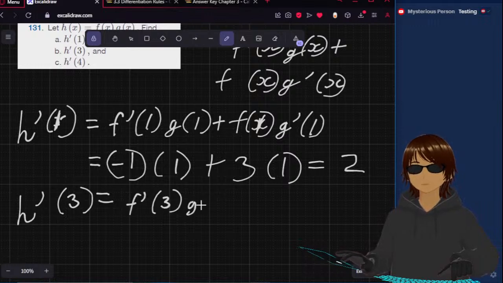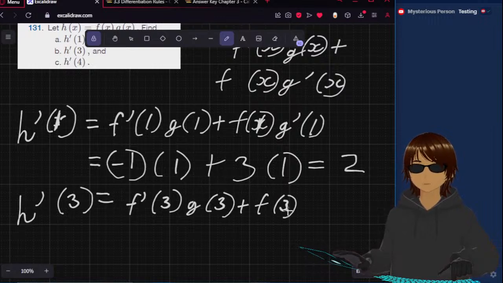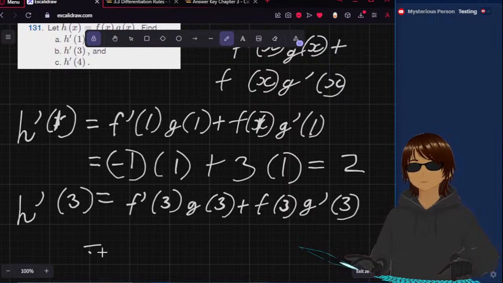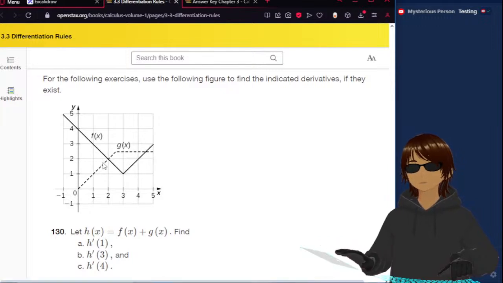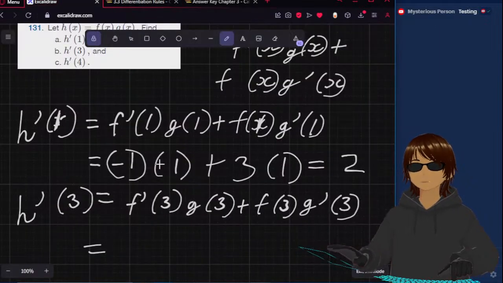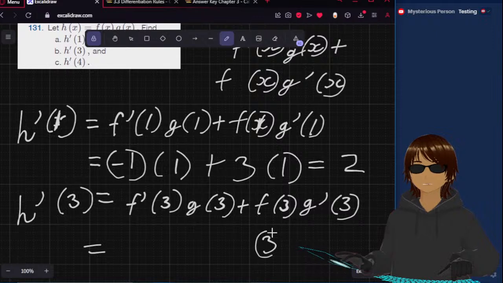Derivative of the first times the second plus the first times the derivative of the second. Now this is 3 and 2.5.